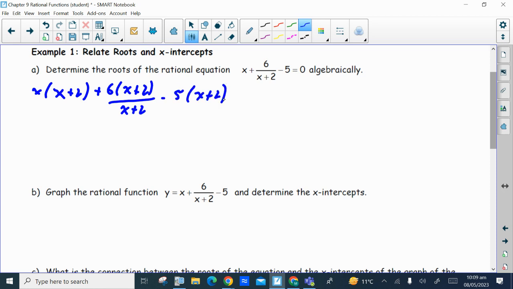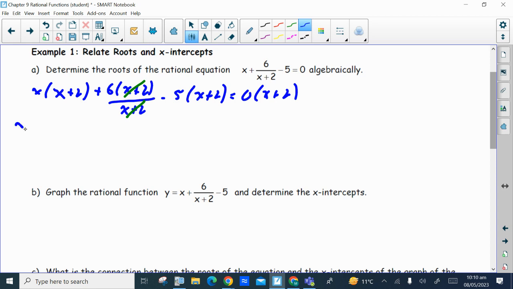And technically you're multiplying the right side by x + 2 as well, because the right side is 0. 0 times x + 2 is still 0. The whole reason we do this is so that the x + 2's will cancel on the term that's actually a rational expression. That's why we use this step.